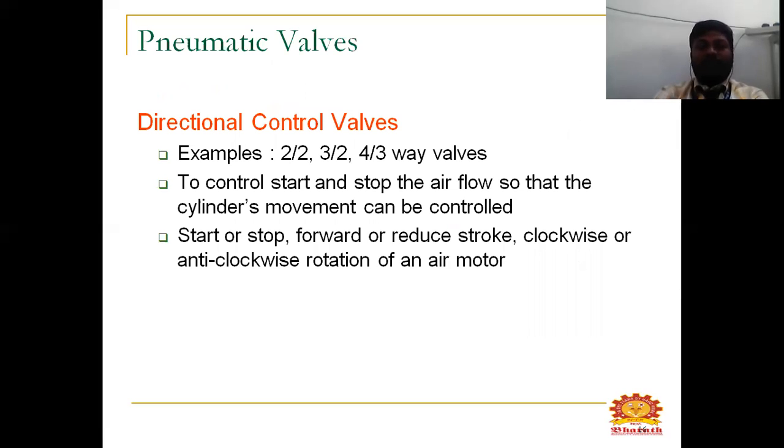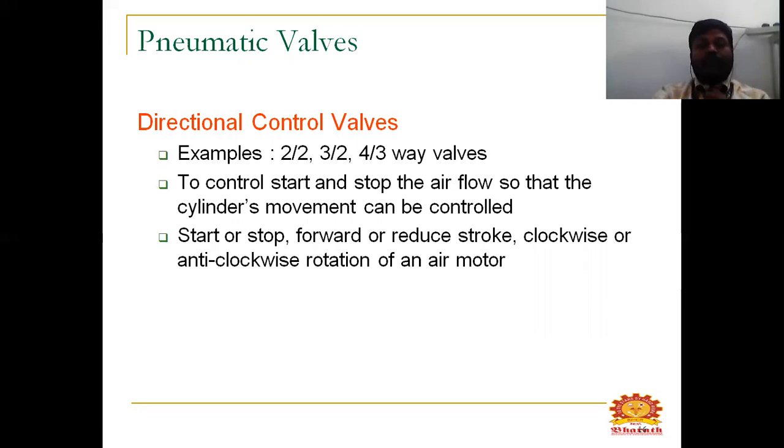For example, in directional control valves, you have 2 by 2, 3 by 2 and 4 by 2 way valves. You first denote the ways or ports, followed by the positions. So 2 by 2 indicates a 2 port and 2 position directional control valve.